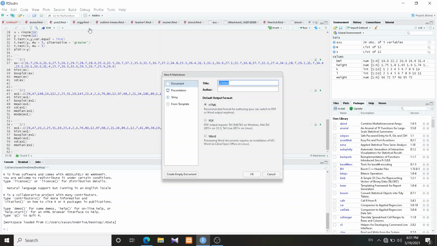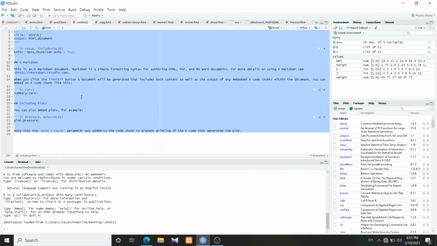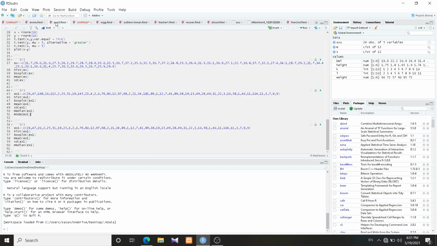Then you have this type of window, and you can make a title there, right? Then you have this type of interface. This is not needed, so I can clean everything and click on insert. If you're going to use R, you can use this R chunk. It makes it very convenient to deal with, that's why I'm going to use it.